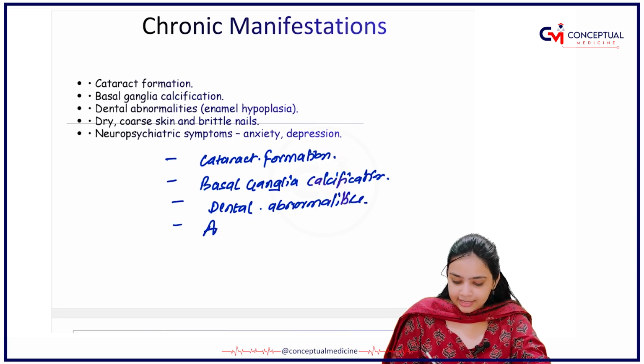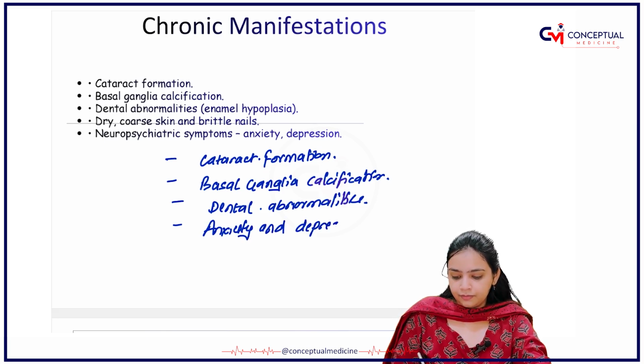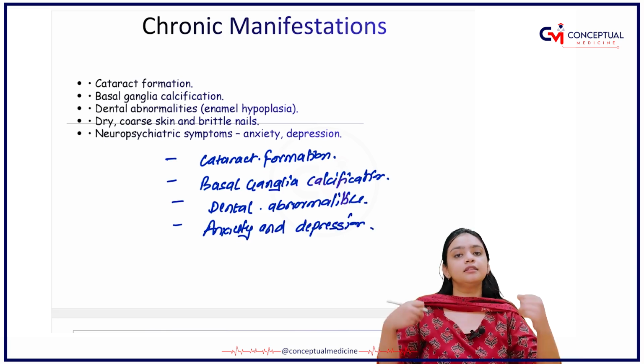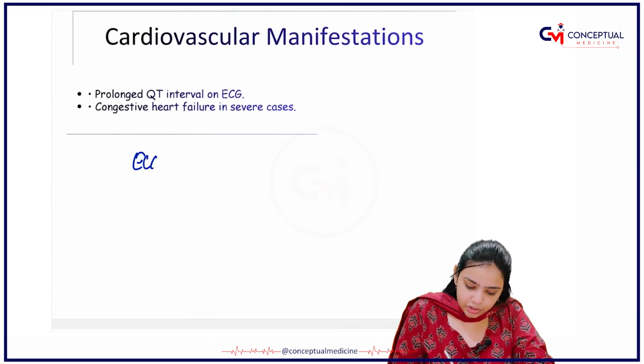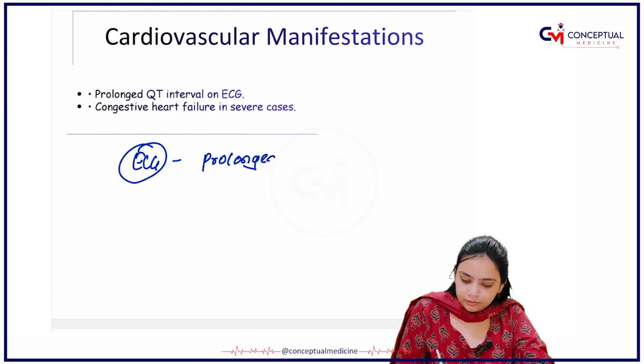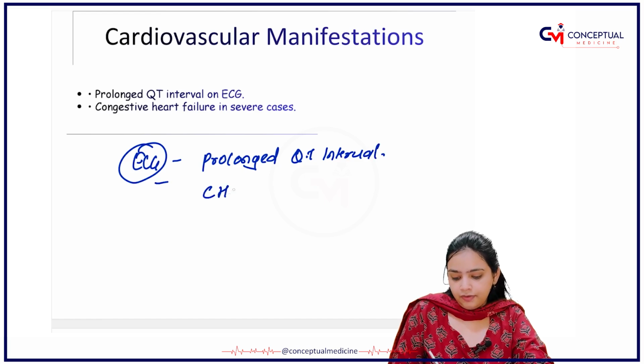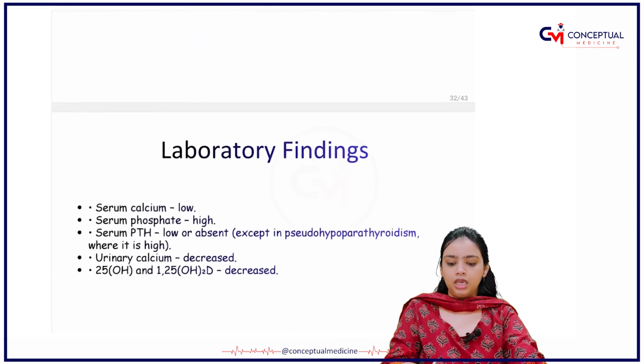And there will be anxiety and depression. So guys, these are the signs. In the CVS, on ECG, there is prolonged QT interval, and there is congestive heart failure in severe cases.